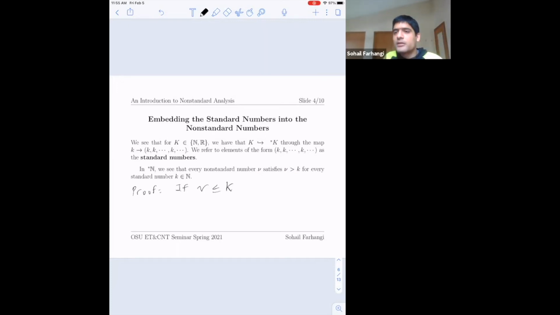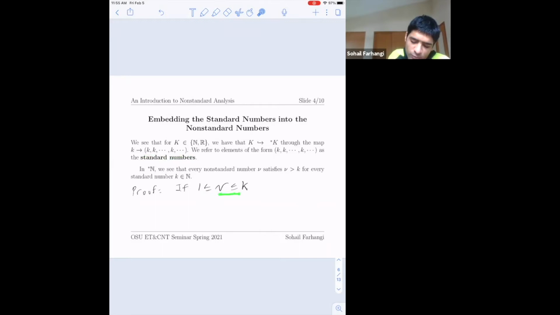So if we take a non-standard number here, and since I'm working in the naturals, I'll leave this part as an exercise: because every natural number is bigger than or equal to 1, if you start taking these tuples, then the resulting non-standard number is going to be at least 1. So this part should be not too difficult.